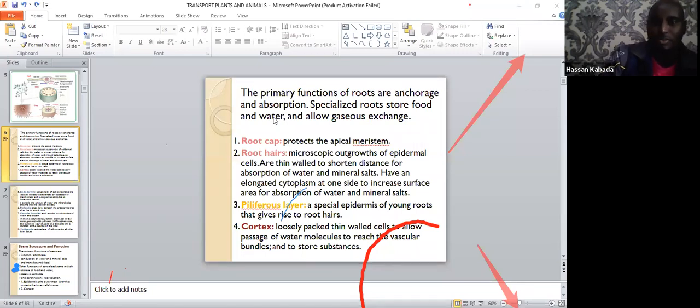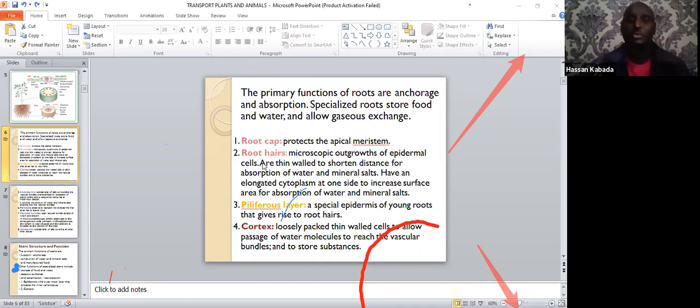So, parts of the roots. It is very important as we look at parts of the roots that we know what they do, or which part does which function. Root cap, we mentioned this from the diagram shown earlier, protects the apical meristem, the meristematic cells that are rapidly dividing. We have root hairs. These are microscopic outgrowths of the epidermal cells. They are thin-walled to shorten the distance for rapid absorption of water and mineral salts.